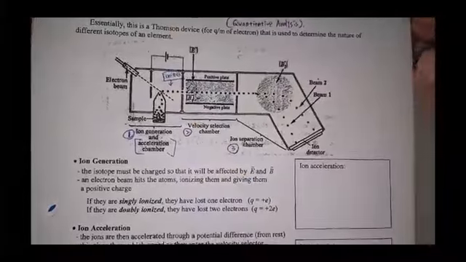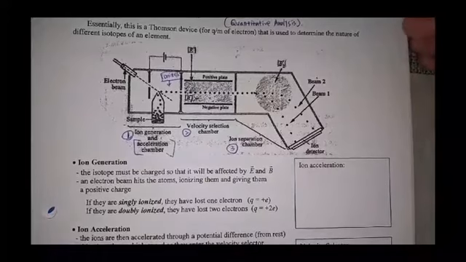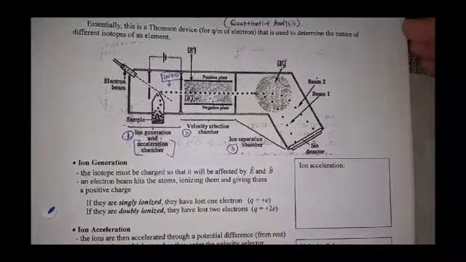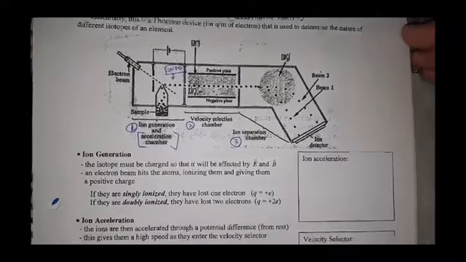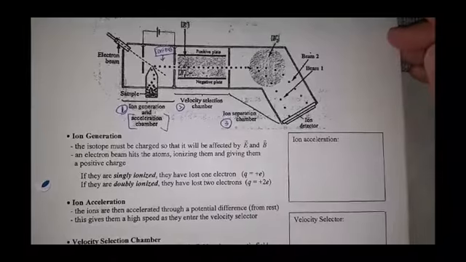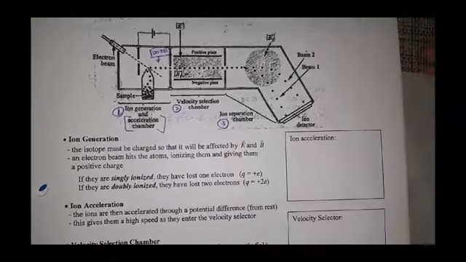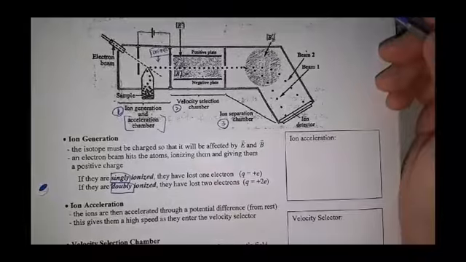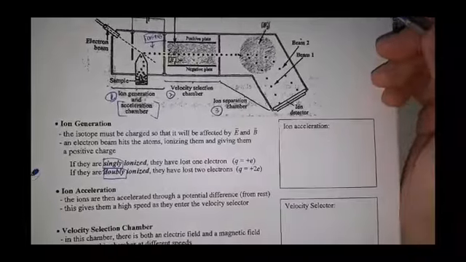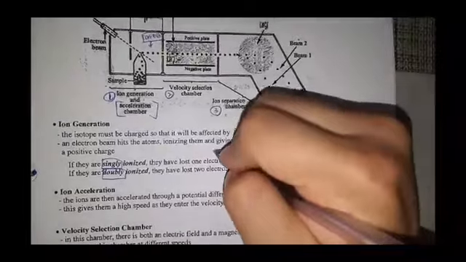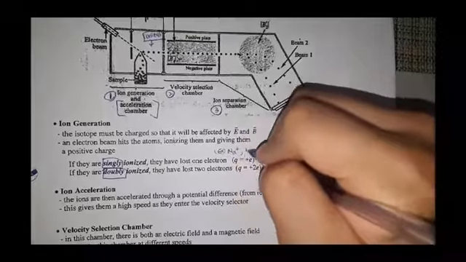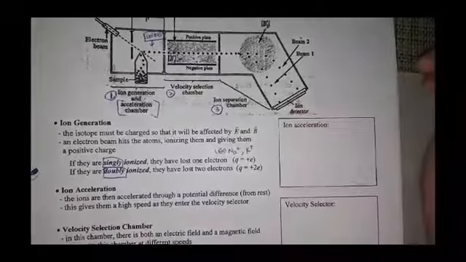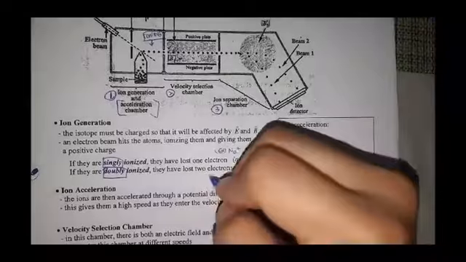So the very first step inside the first chamber is ionizing the sample. When it comes to ionization, generally in Physics 30 you have two situations, but it can be more too: singly ionized or doubly ionized. For singly ionized, think of Na plus, K plus, sodium and potassium.